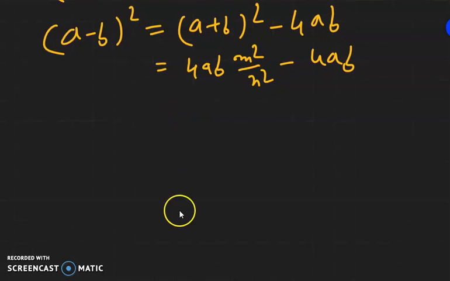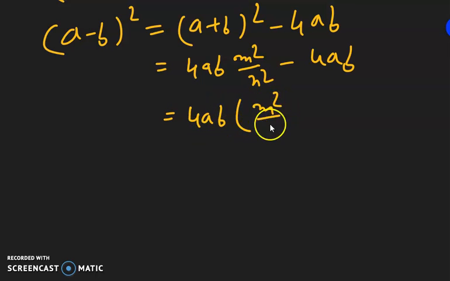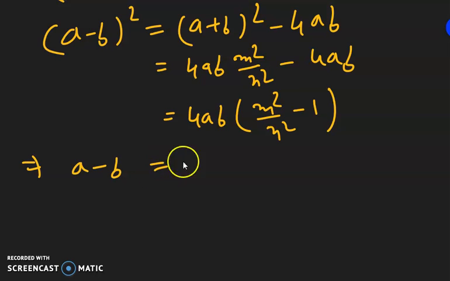Taking a square root, I can take 4ab common first. (a minus b) whole square will be 4ab common, and this thing becomes m square by n square minus 1. This will imply, if I take the square root on both sides, a minus b is equal to square root of 4 is 2, and square root of ab, and this is also inside the square root.